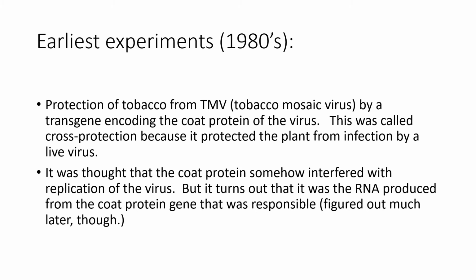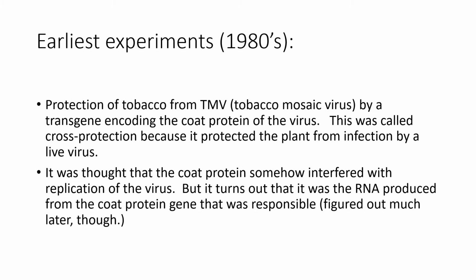Okay, so the earliest experiments in the 80s involved tobacco mosaic virus, which infects tobacco, obviously. And this is a model plant because it's very easy to work with. And a lot of the really historical work has been done using tobacco and tobacco mosaic virus. Okay, so the motivation for this work really was that people had noticed a phenomenon called cross protection.